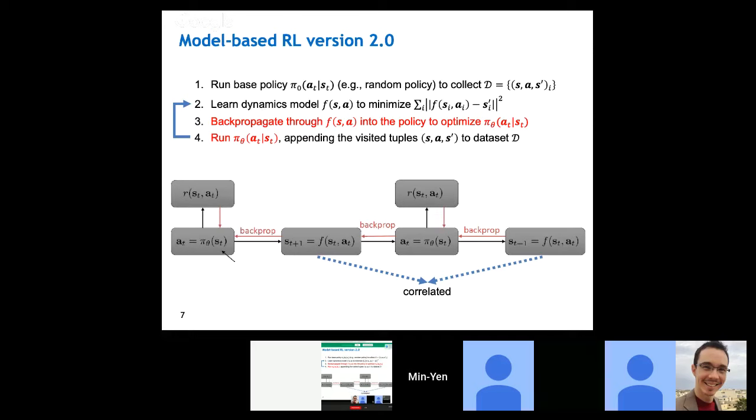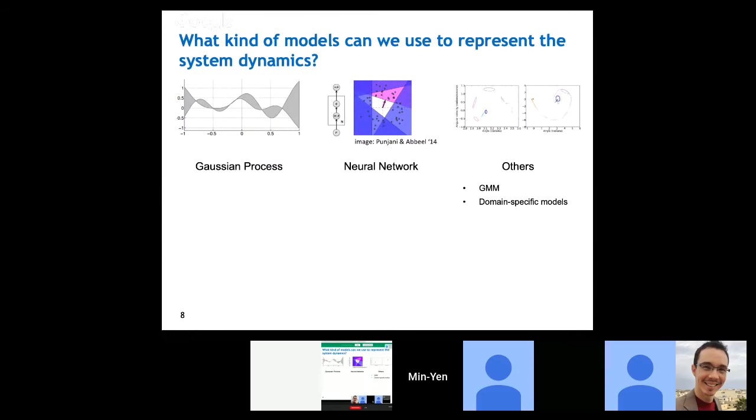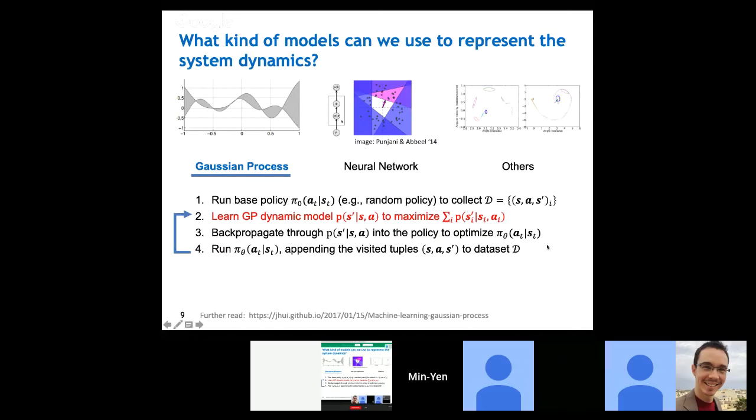Okay, so any more questions? Okay, so there are a few commonly used options to represent the system dynamics: Gaussian process, neural networks, and some others. For Gaussian process, this looks very similar to version 2.0.